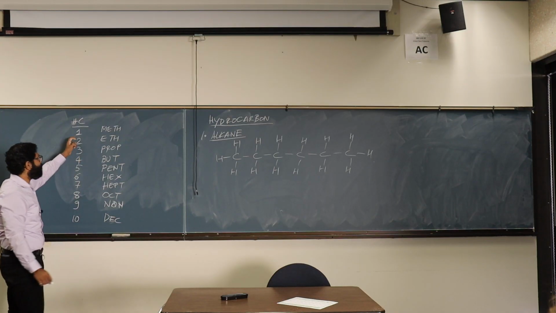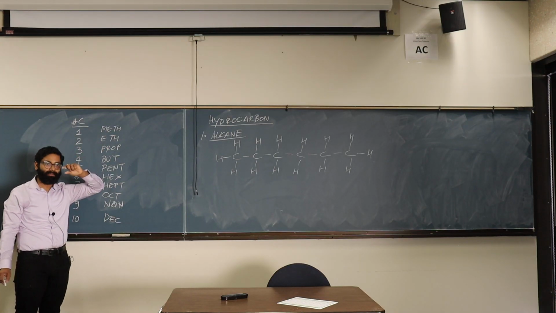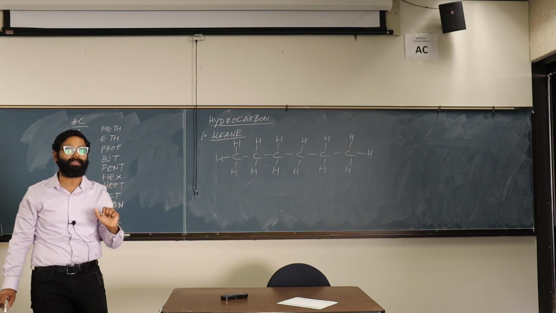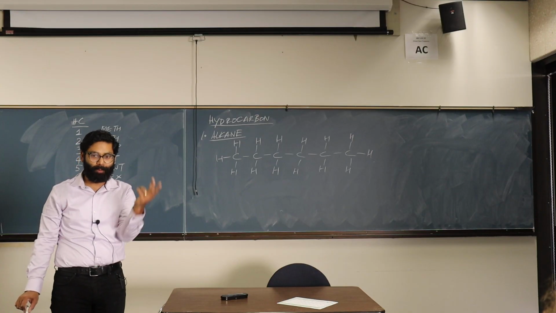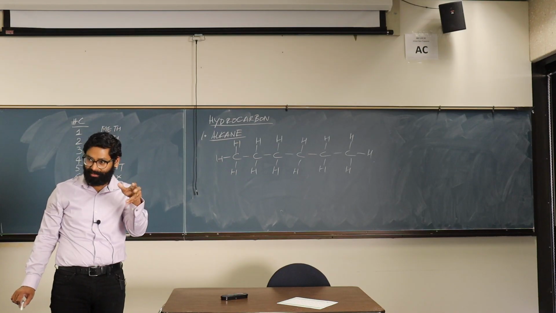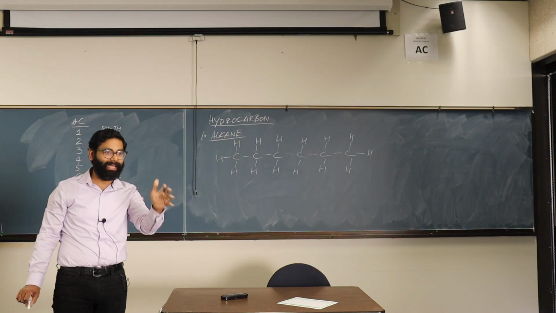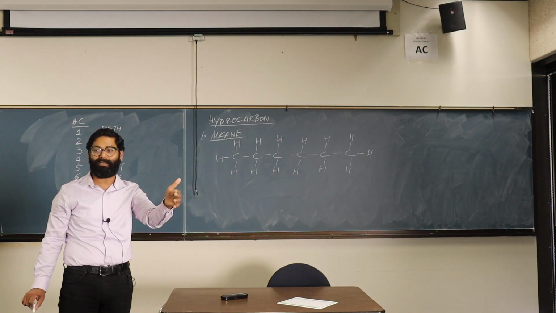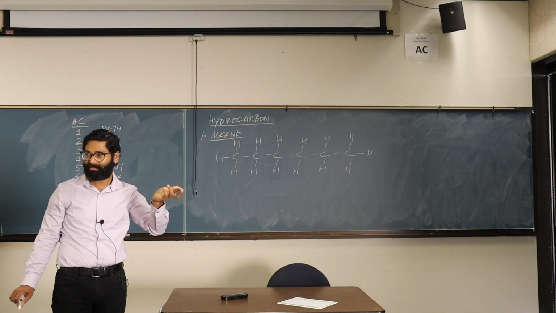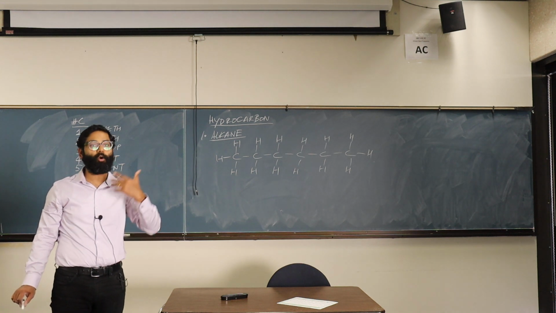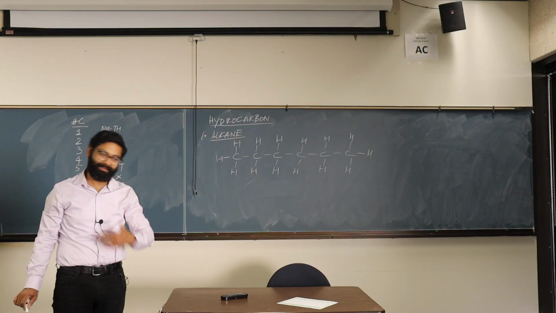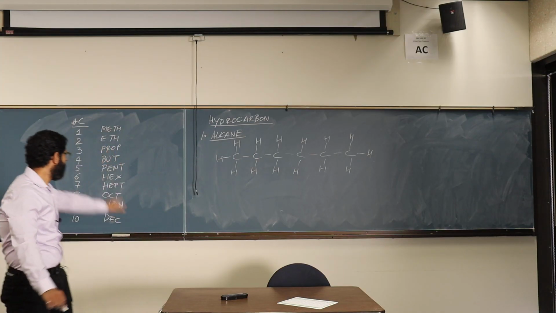So anytime you see the word meth anywhere, that is signifying that there is something related to one carbon. Eth 2, prop 3, but 4, butane, right? Pentane, hexane, heptane, octane, nonane, decane. When it becomes 11, undecane, dodecane, tridecane, tetradecane, pentadecane, things like that, right?